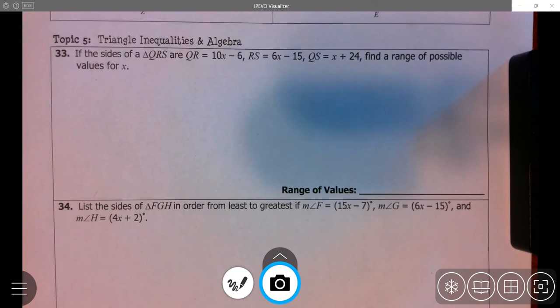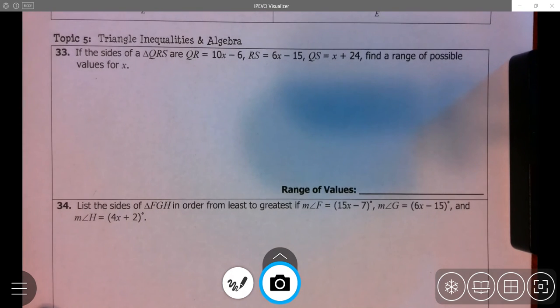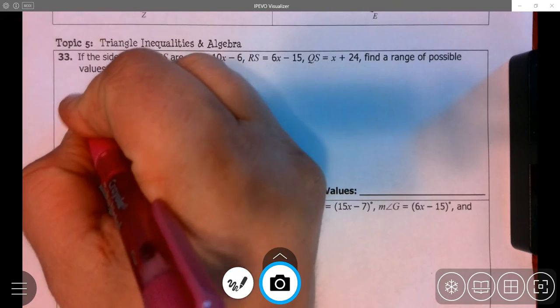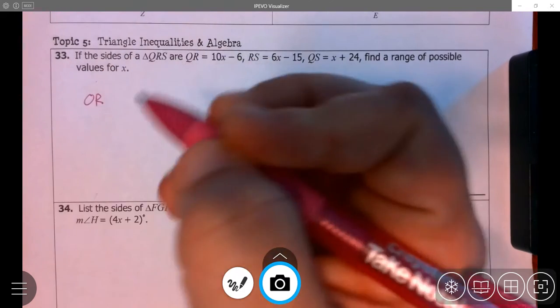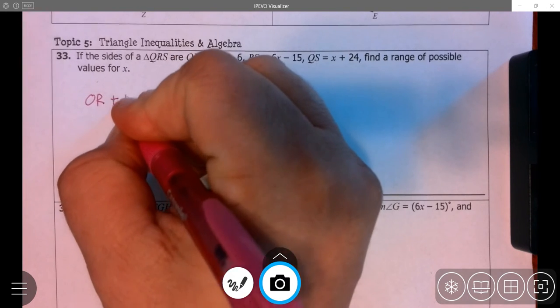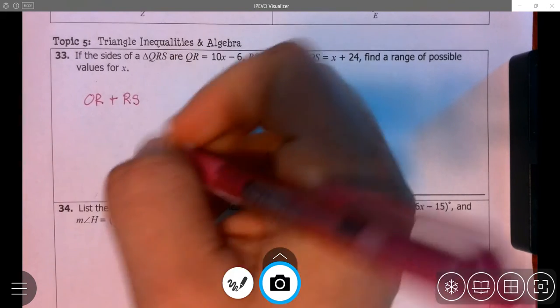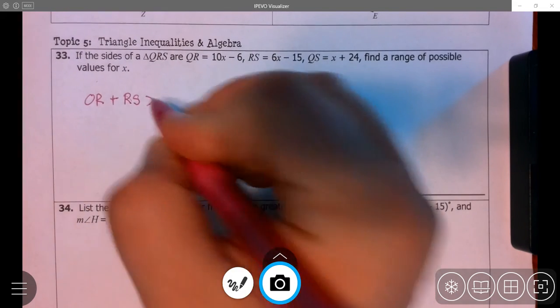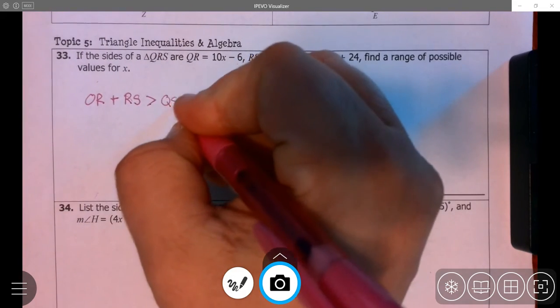Okay, so our first scenario is going to be that we have QR and RS as the shortest sides. So if QR and RS are the shortest, I would add those together, and I would say that they are greater than QS.